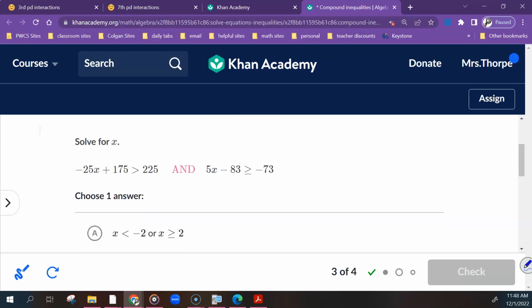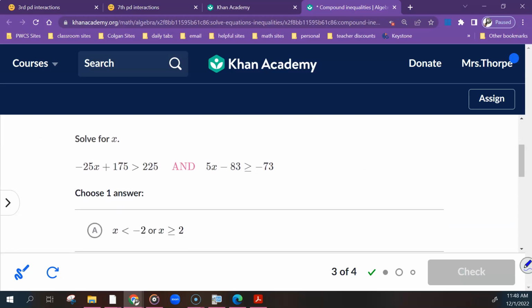So this one is an and. So write these two inequalities down. Negative 25x plus 175 is greater than 225. 5x minus 83 is greater than or equal to negative 73.